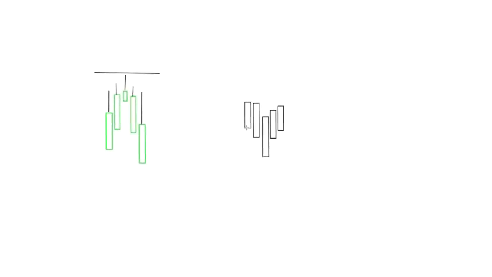If you find something like this, let's say the candlestick color doesn't matter to us. So what we mean here is that the lowest point is support and this is resistance.